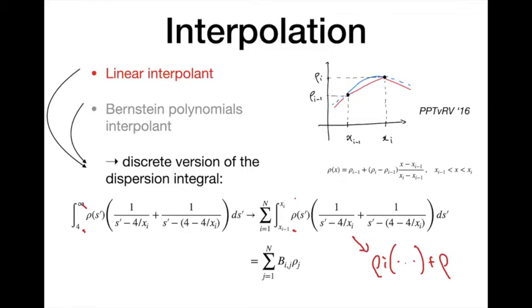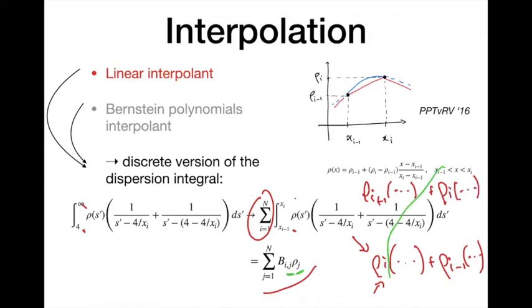So if you take this sum, you can re-express everything as a matrix acting on the rho. Because the next one depends on rho I plus 1 and rho I. And the coefficient of rho j is just the sum of these two coefficients. And you go on like this.